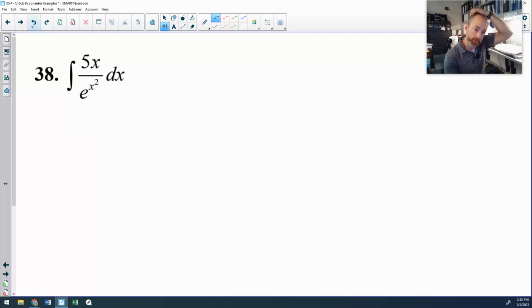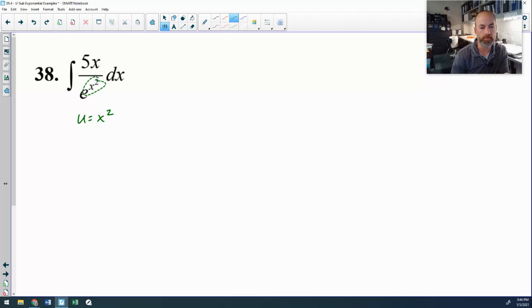All right, then the last one I want to do is 38. There are 2 things to this problem. There are a couple of ways we could go about solving this one and setting it up. I have told you that if you see an exponential function and the exponent is ugly, you could let u equal that exponent. And it is possible to do U substitution successfully by letting u equal x squared and flushing that out.